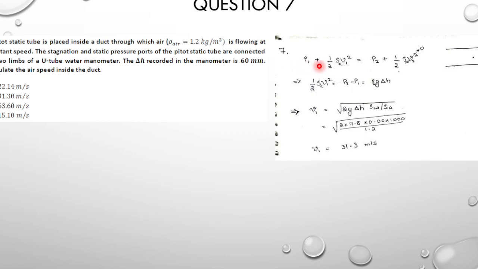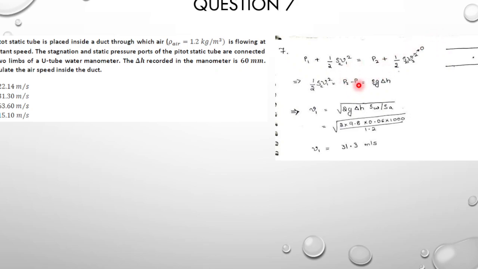We are ignoring the difference in height because it is a straight duct, so there is no potential component. So you have only p plus half rho v square is equal to constant. Now you already know that V2 is 0 because it is the stagnation point at which P2 is measured.